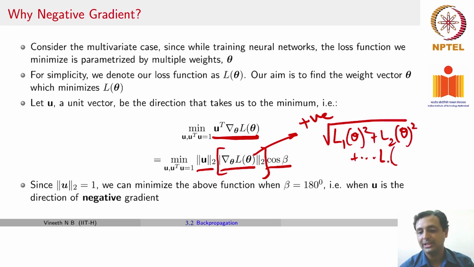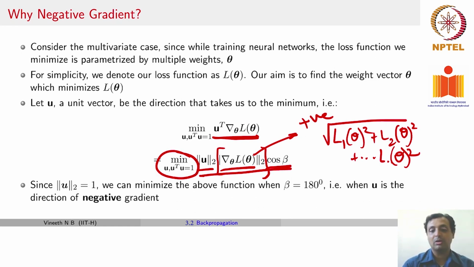This is your standard 2 norm definition, and that quantity is non-negative. So we ideally want to minimize this dot product. Because u is a unit vector, the only way we can minimize this quantity is to make cos beta equal to -1. Remember, the 2 norm of u is 1 because u is a unit vector.